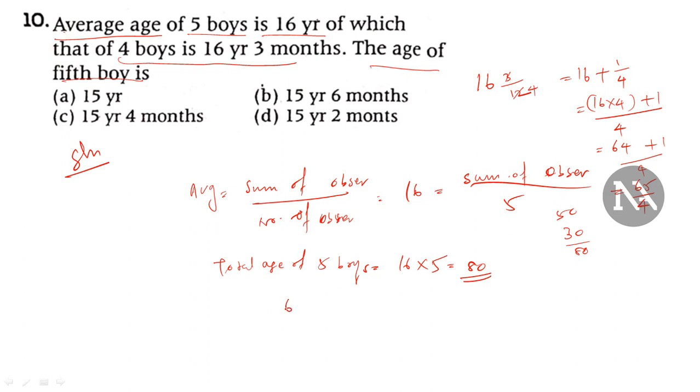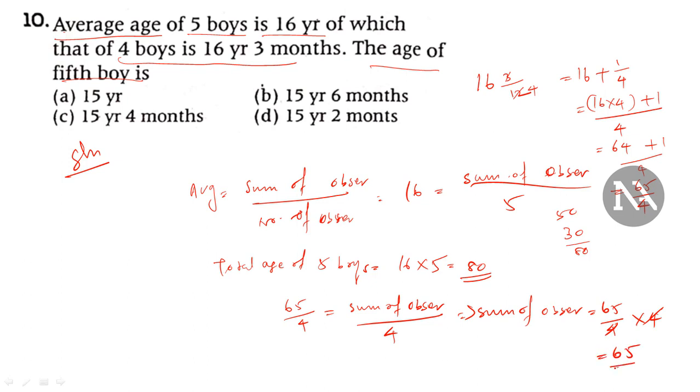So the average age of 4 boys is 65 divided by 4, which is equal to sum of observations divided by number of observations, which is 4. Now the total age of 4 boys is equal to 65 divided by 4 into 4. So 4 and 4 cancel each other, so that is equal to 65.